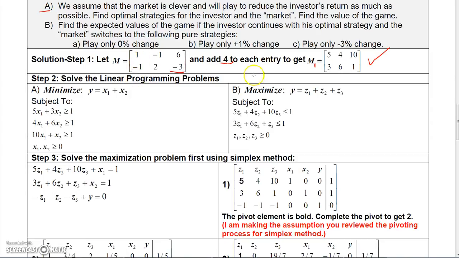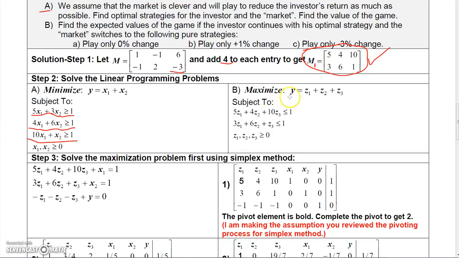So the column from over here, remember we've got to use this matrix. So the columns are 5, 3, 4, 6, and 10, 1. So I'll have 5x1 plus 3x2 is greater than or equal to 1, 4x1 plus 6x2 is greater than or equal to 1, and then 10x1 plus 1x2 is greater than or equal to 1, and then of course your non-negative constraints as well.